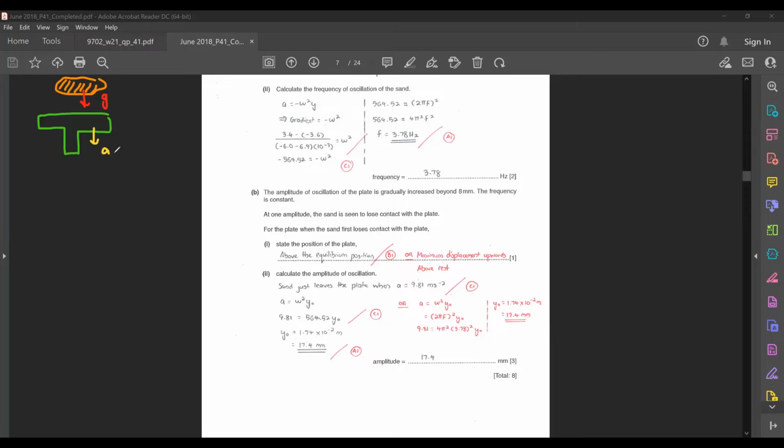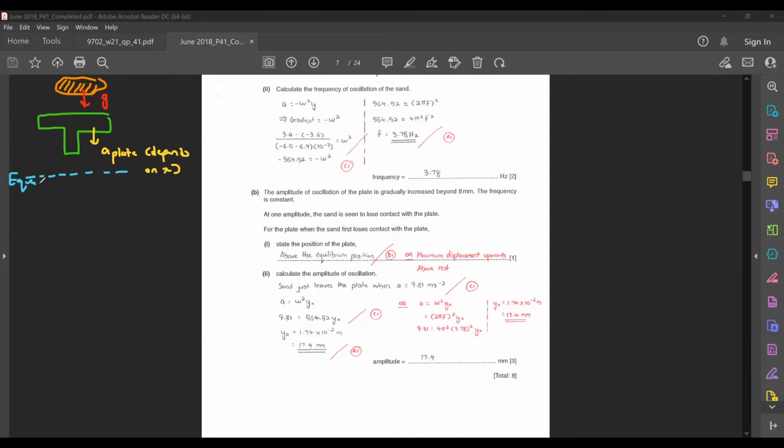Let's call this A of your plate, which depends on your displacement from equilibrium. So say for example, I write here the position of your equilibrium being somewhere around here. Okay, so let's just consider this as the position of your equilibrium.